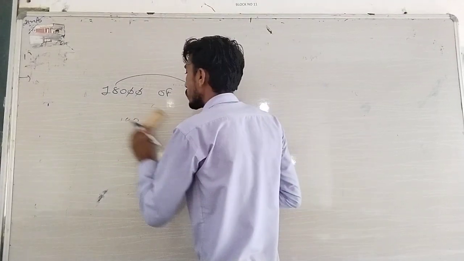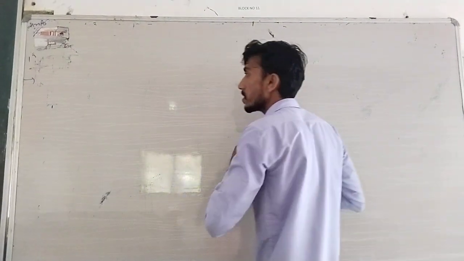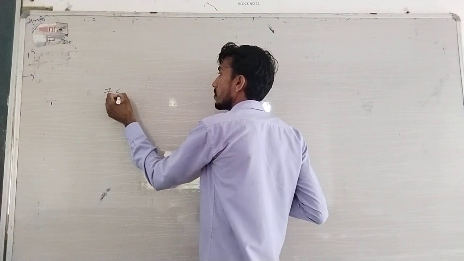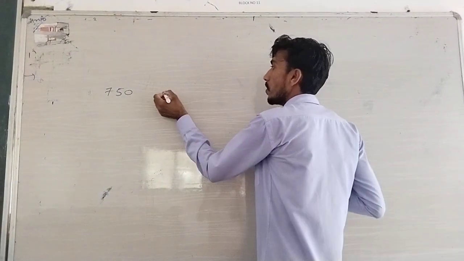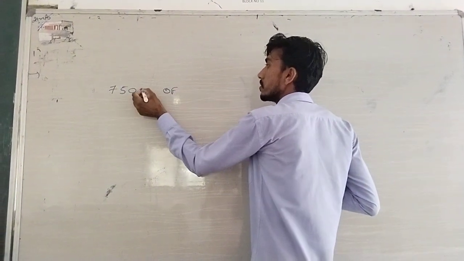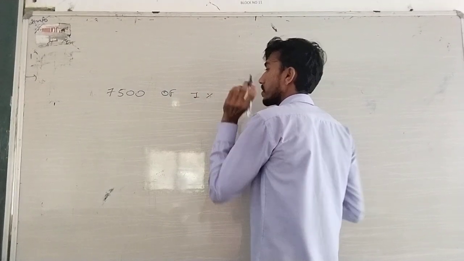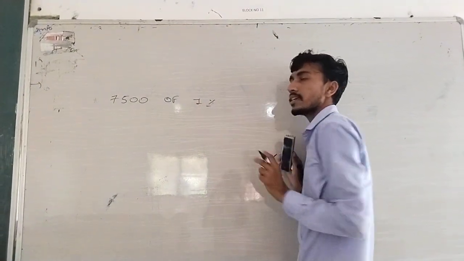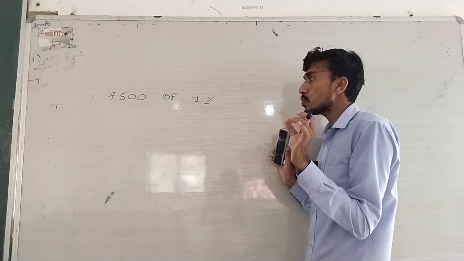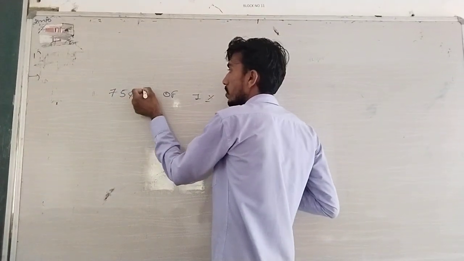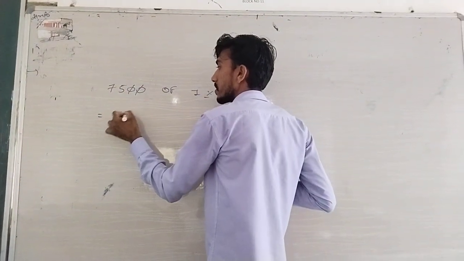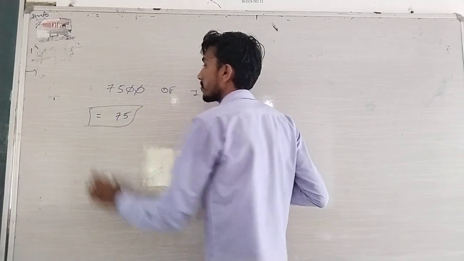I write another example. You can see I write 750 of 1%. You can see there is a percentage and percentage has two zeros. So I cross out the two zeros. So my answer is 75.